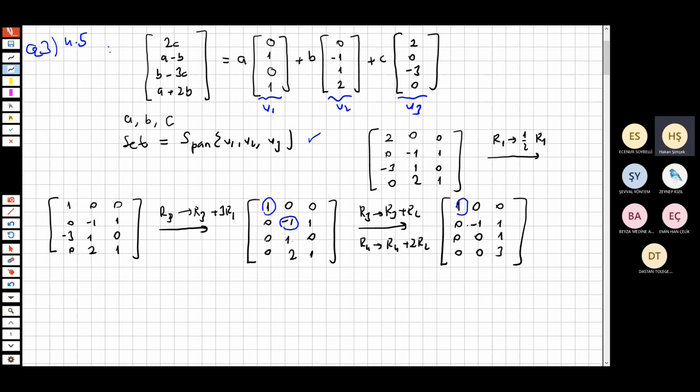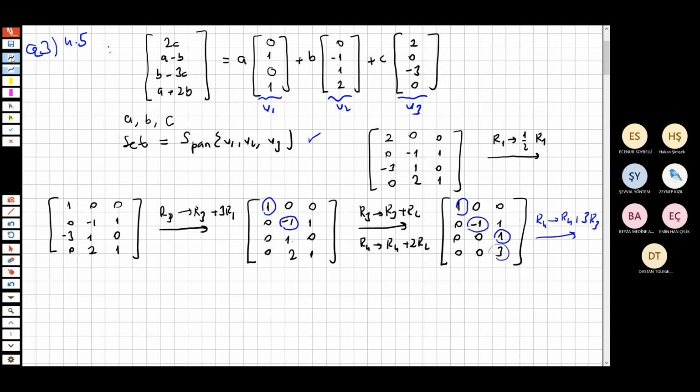First pivot, second pivot, third pivot, and easily you can make the number 3 zero. The last operation will be R4 is replaced by R4 plus minus 3 R3.